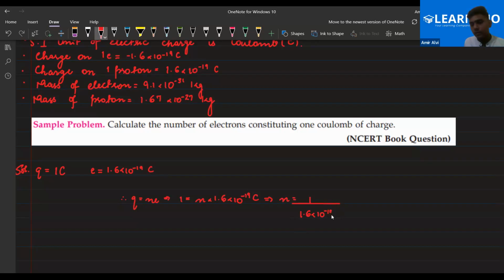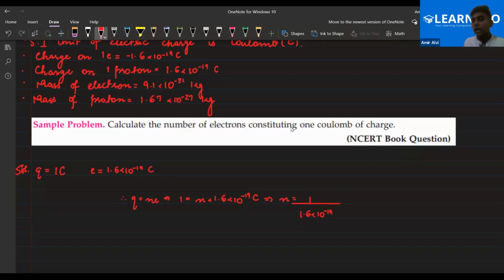Sir, why did you take Q equals 1 coulomb? Shouldn't it be coulomb equals 1? No, no, sorry, Maha.